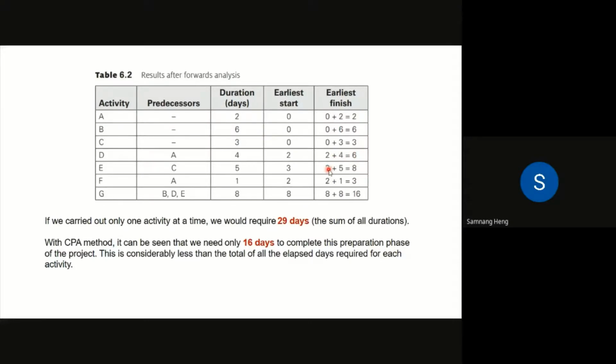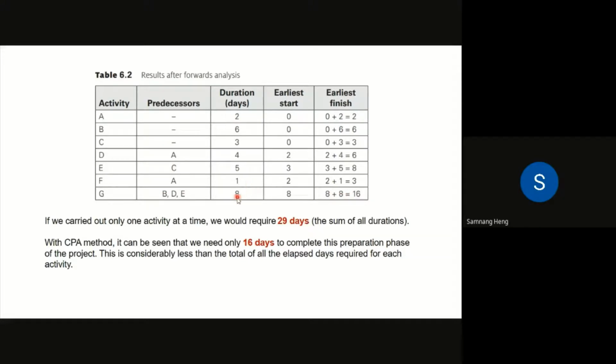And then task C, task E has C as a predecessor, so it's 3 plus 5, 3 from C and 5 from E, it's 8. And then task F, you have A, 2 days to complete A, and then 1 day to finish F, 3 days. And then task G requires B, D, E.